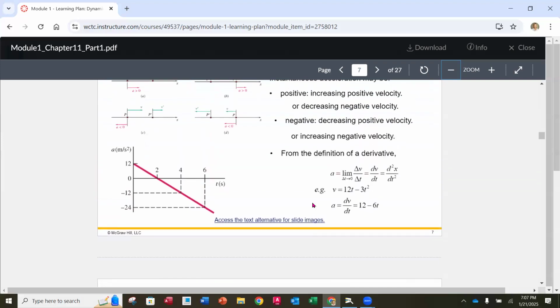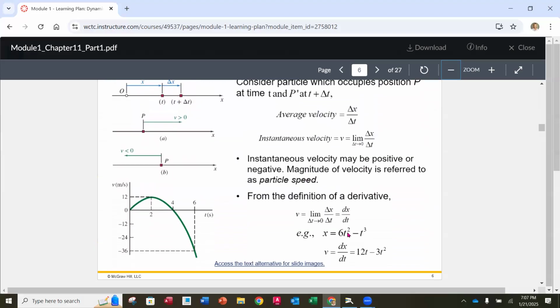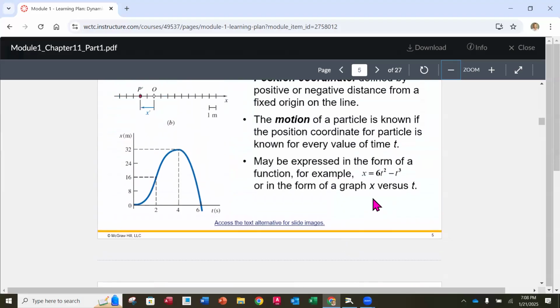The other thing that we want to mention here, and I'm going to go back to the velocity. If we want to determine what the equation for the velocity is, we take the first derivative of the position.